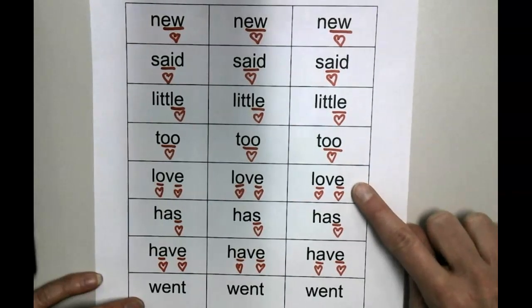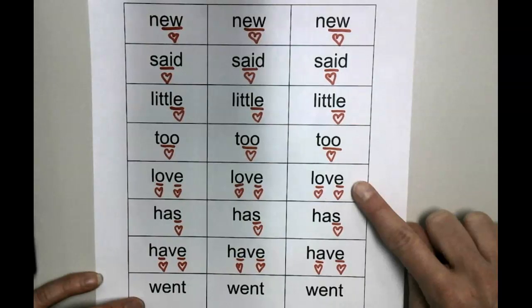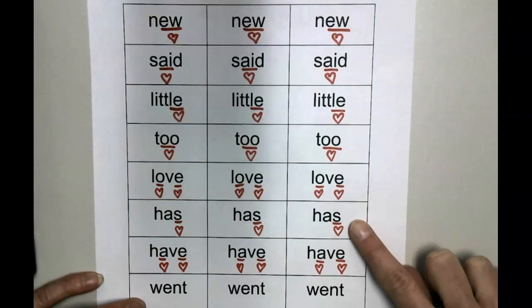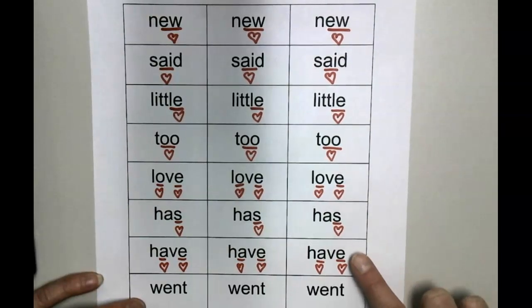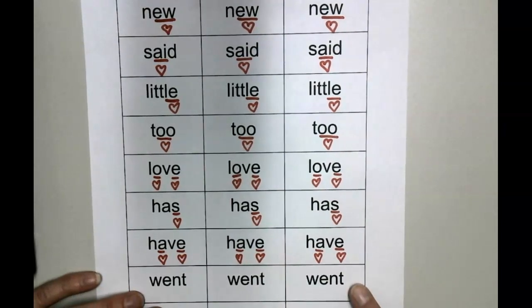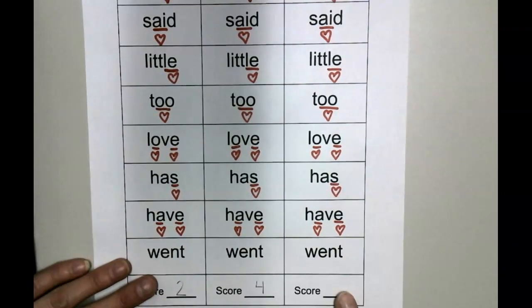Two. Say the word. Love. Say the word. Has. Say the word. Have. And say the last word. Went. Write the number here of how many words you said correctly.